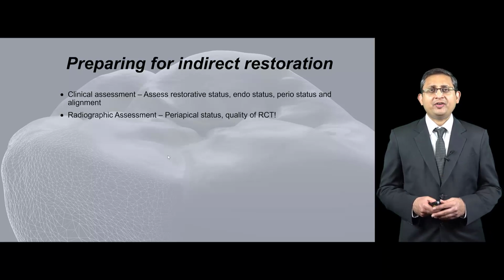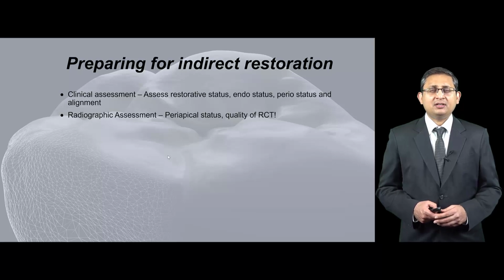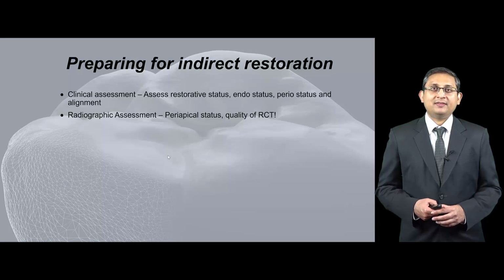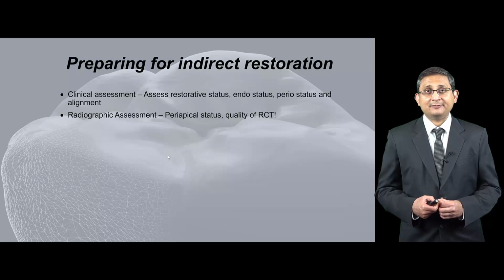You need to do a radiographic assessment, make sure there is no periapical lesion, and that the quality of the root canal is good. If the patient has a poor quality root canal treatment, then I do not feel comfortable doing any indirect restoration on that tooth until the root canal treatment has been done up to standard.